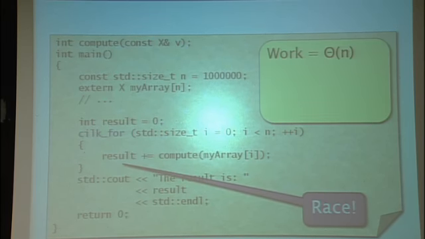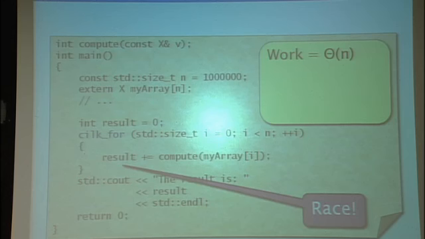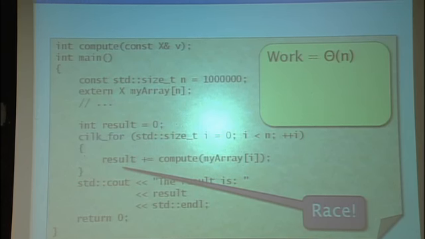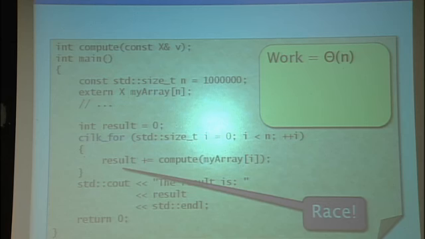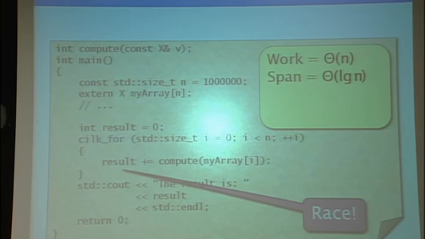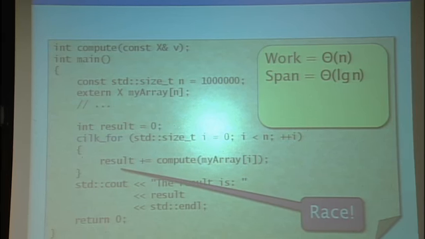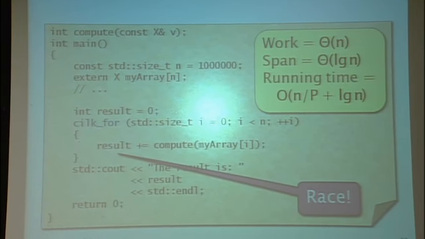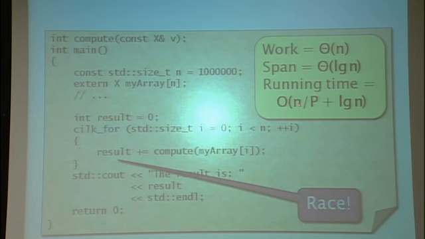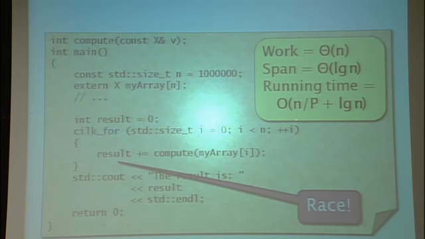So notice here that first, let's analyze this. The work here is order n. What is the span? Yeah, the span is log n for the control of the stuff here, because this is all constant time. And so the running time here is order n over p plus log n.